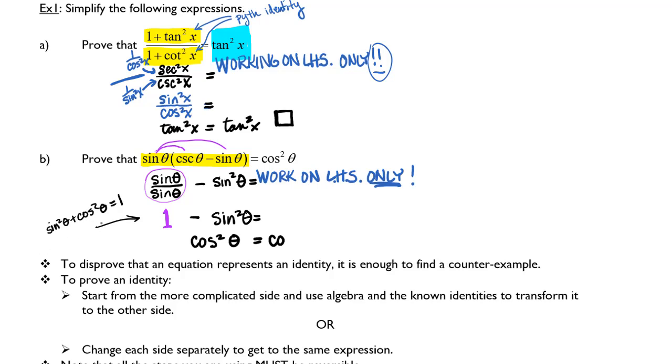So if I solve for cosine squared theta, I'll have 1 minus sine squared theta. And so cosine squared theta is equal to 1 minus sine squared theta. And ta-da! That's what I just needed to show. And I have cosine squared theta equals cosine squared theta. And I have proven as desired, so I put a little square here.